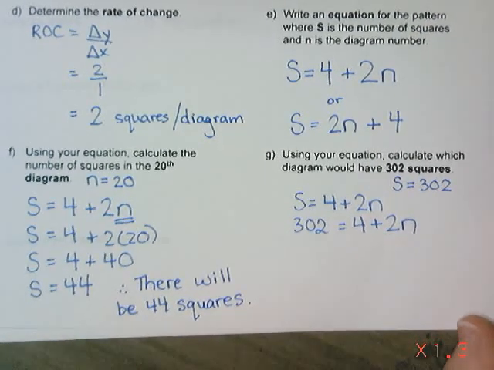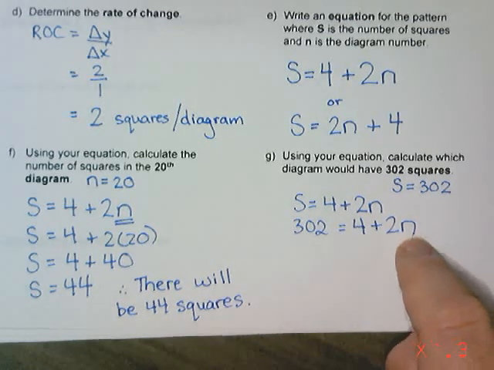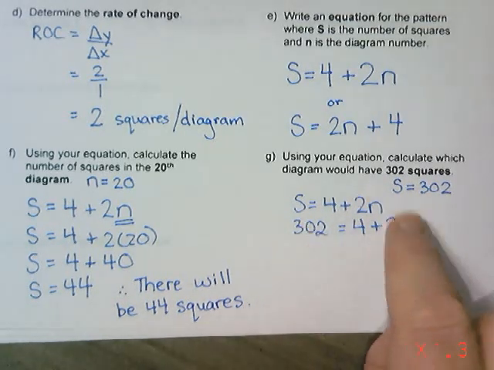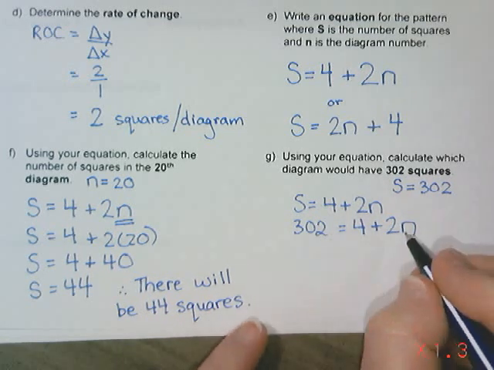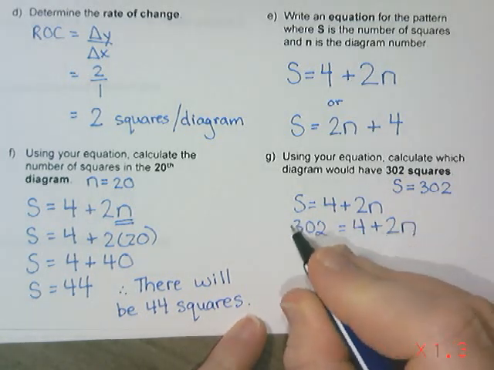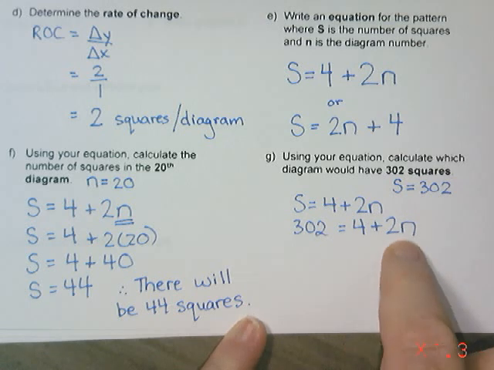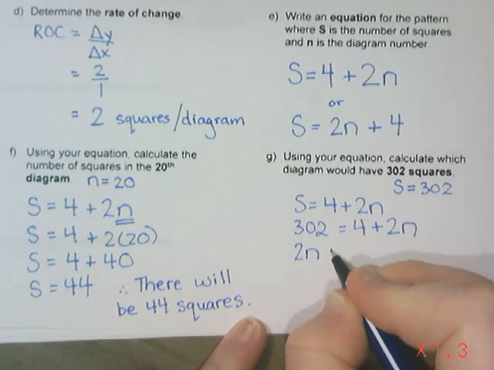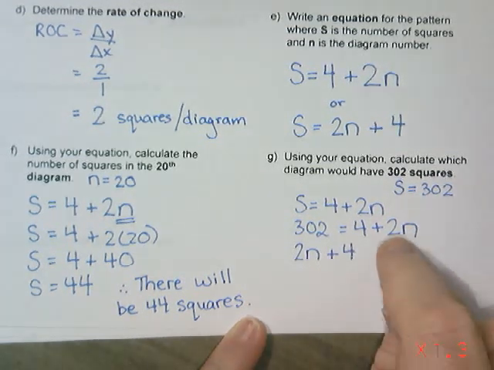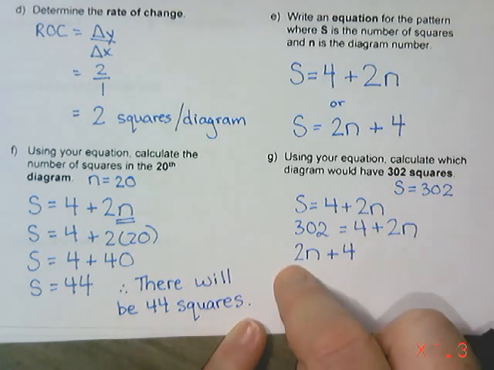Now to solve for n, I can leave it on the right-hand side and just move everything over to the other side. But I find some people do better if the n is on the left. So I'm going to trade the 2 sides. And I do like having the term with the n first. So I would do 2n plus 4. It's okay to switch the order as long as you leave the sign in front of the term with the term.